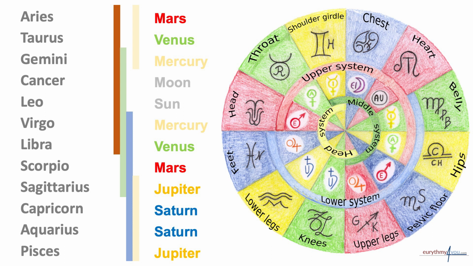Jupiter, for example, lives in the feet and in the thighs and the upper legs, and it combines fire and water. That's his capacity. He can do that.